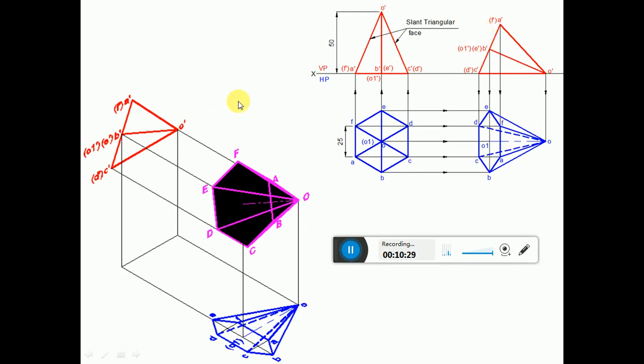Here also we can see A, B, C, D, E, F, A, all are open when it is resting on the triangular face O dash, C dash, D dash. So all become visible, so you dot that. So you make EF, FA and EB as visible edges.